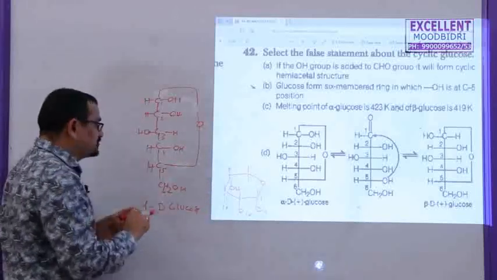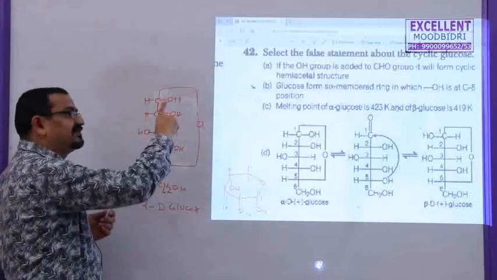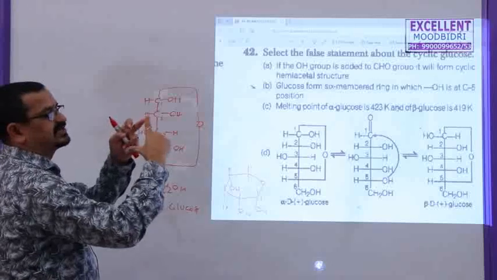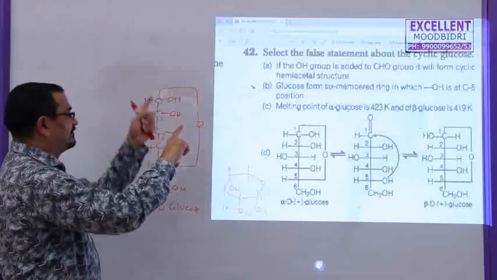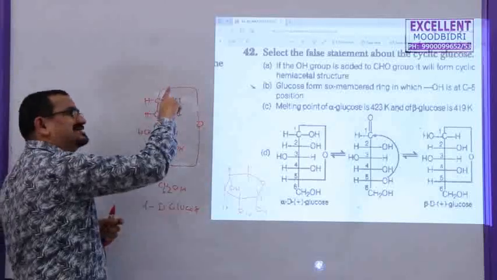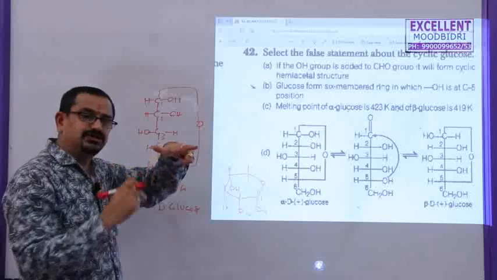And in Fisher projection, the vertical top end groups are to be assumed as the one projected away from the observer. Suppose you see the direction of these two fingers, vertical top and vertical bottom of the Fisher projection to be assumed as behind the board, whereas horizontal groups must be assumed as the one projected towards the observer.